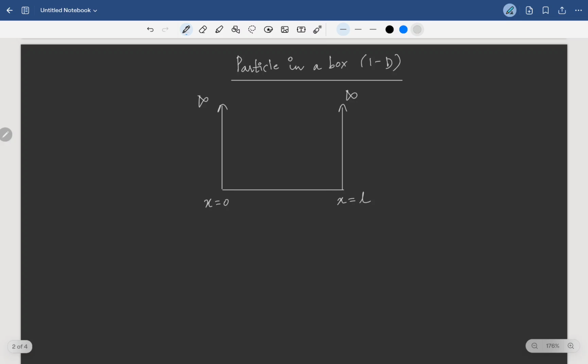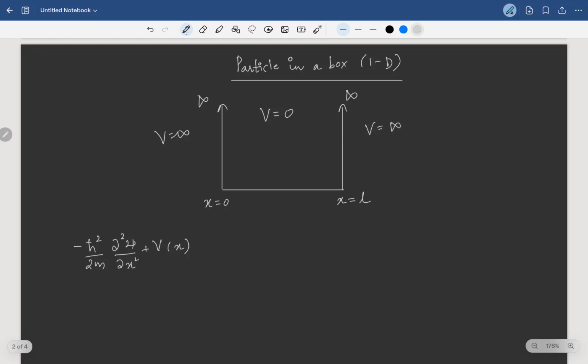Now let's write the Schrodinger's equation. Minus h cut square by 2m into d square psi by dx square plus V of x psi is equal to E into psi. Here one more thing: here the potential is 0 and here the potential is infinity.